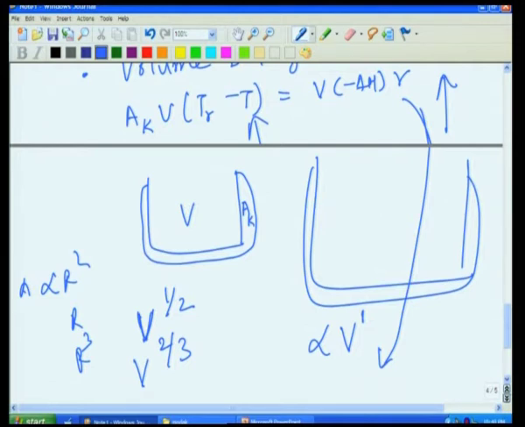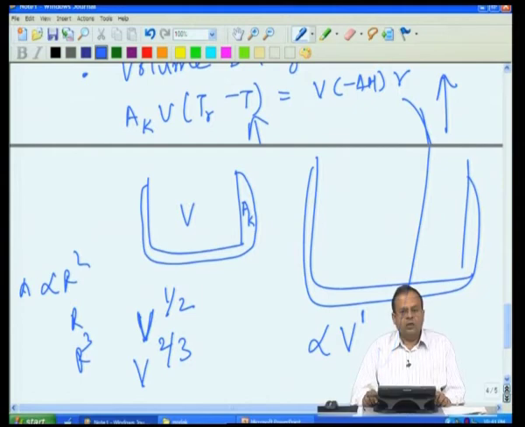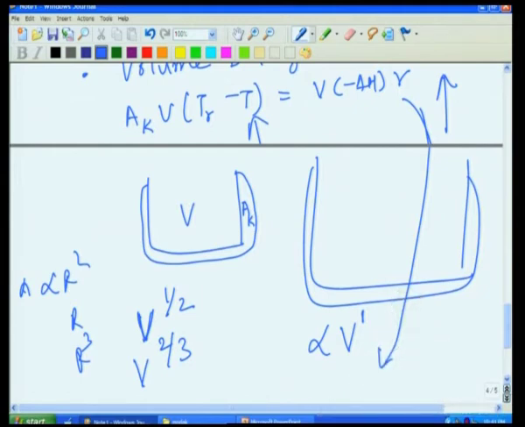So, we will stop for this session, and in the next session we will look at what happens when you have an adiabatic operation, and how we relate the temperature and concentration changes and so on.